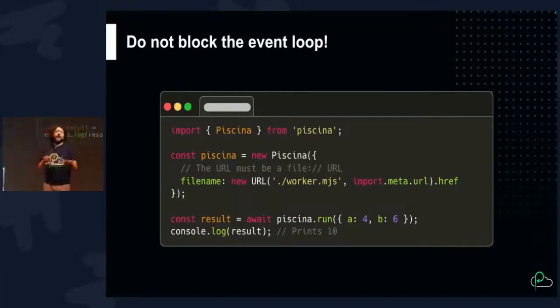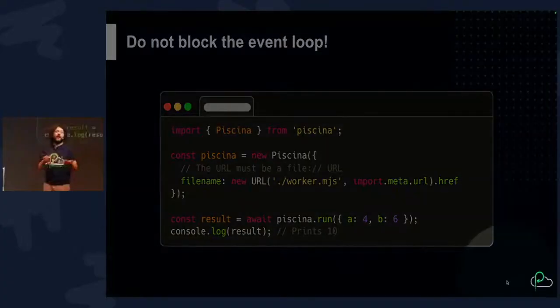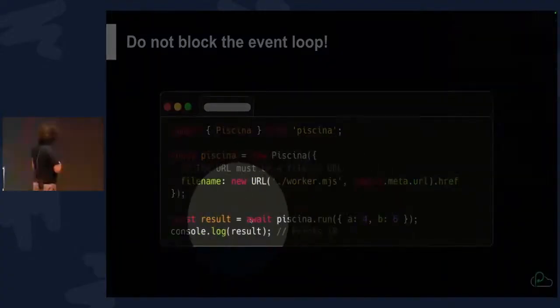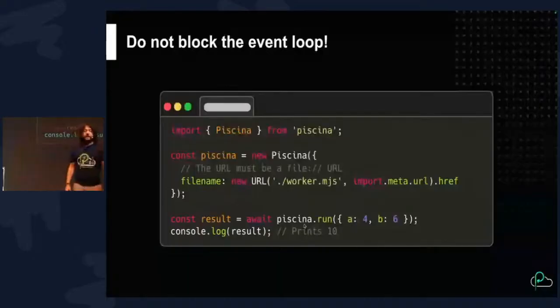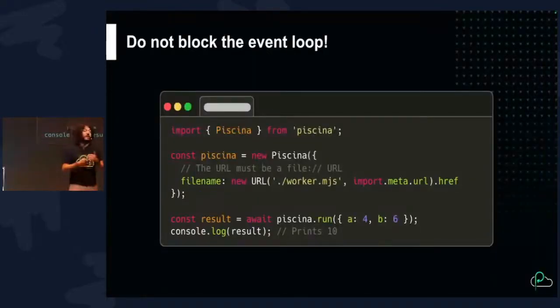There is a library called Piscina that wraps the Node.js worker threads module that allows you to do that. You can just pass it a file, run it and get a result. And so you can avoid blocking the event loop, because you have threads.